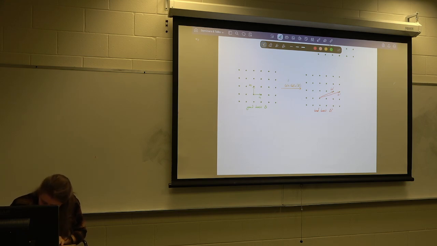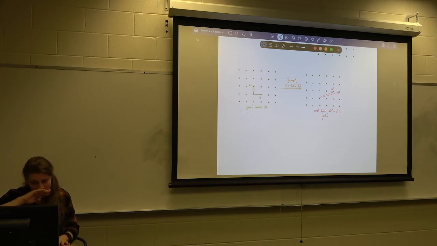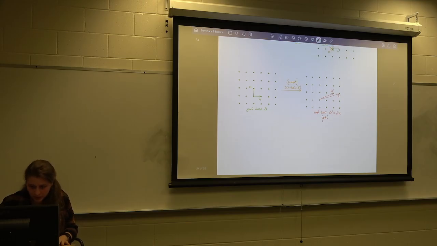So if I keep this secret, I can use this as my secret key and then post this bad basis publicly. So this becomes my public key, right? So why do I want to do this? If I only know this bad basis for my lattice, then it's hard to go back and recover a nice short basis from it. Because basically what you're doing here is solving the shortest vector problem, right?